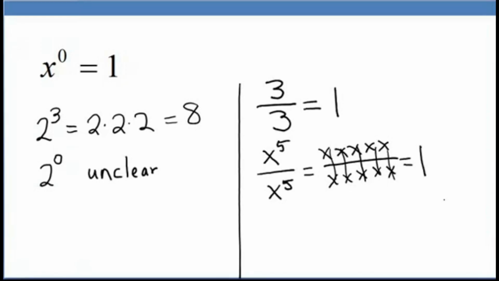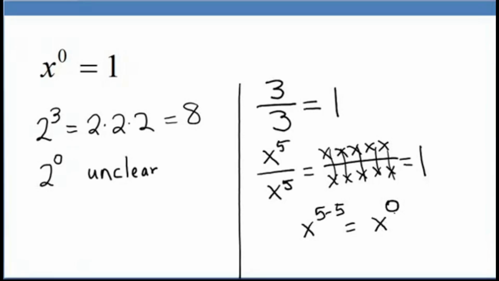Now, if we tried our previous exponent rule of like bases as a fraction or a quotient, the rule was keep the base and subtract the exponents. And so this is where this new piece is showing up, this x to the 0.